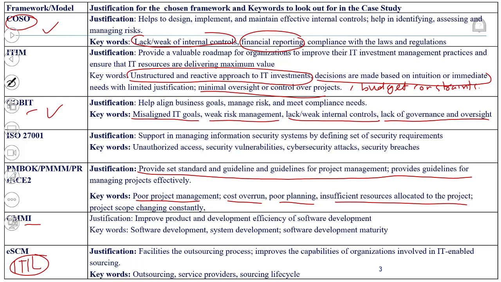So some of the keywords that you could see in your case study would be things to do with software development, system development, software development maturity. You see those keywords, then think about the CMMI. And ECM, the main thing that you'll see there is things like, for example, outsourcing.